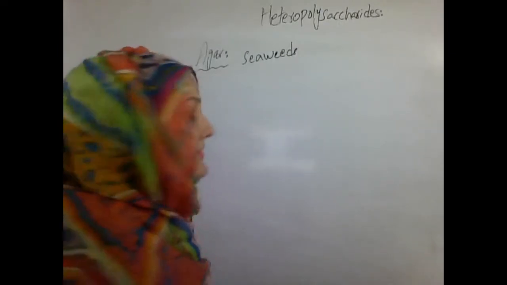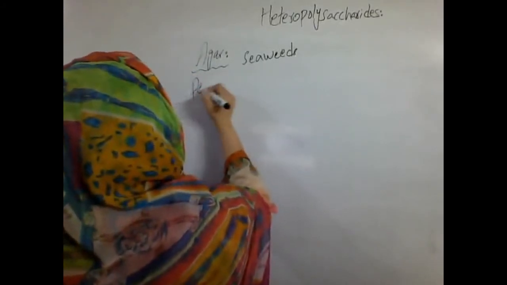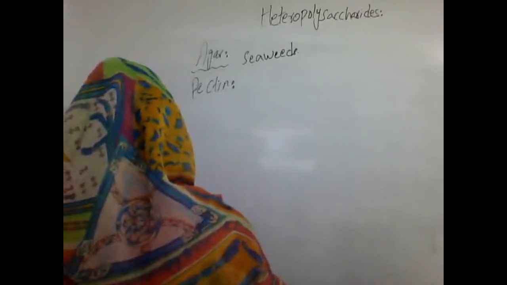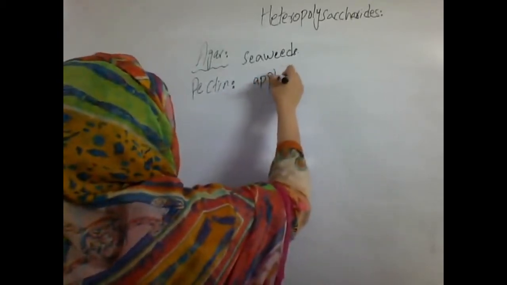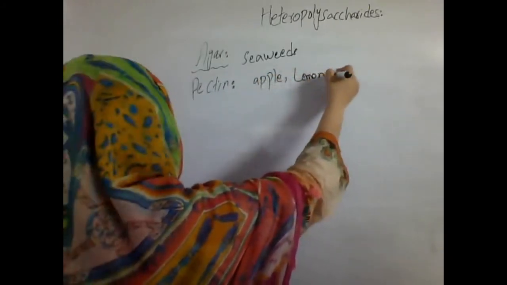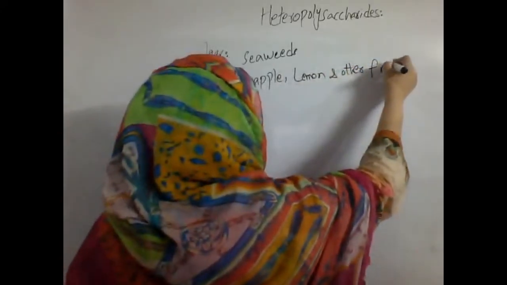Next one after agar is pectin. These are present in apple, lemon, and other fruits.